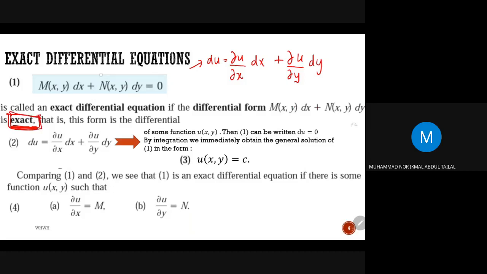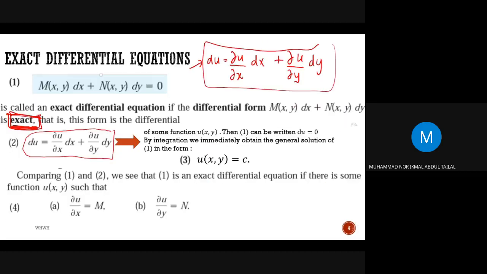Macam mana kita nak tahu that equation is exact? Okay, that is, this form is the differentiable. Okay, ni adalah form yang kita dapat tadi kan, from our first example. So kalau you tengok kat sini, okay, tadi kita ada del u over del x and del u over del y.